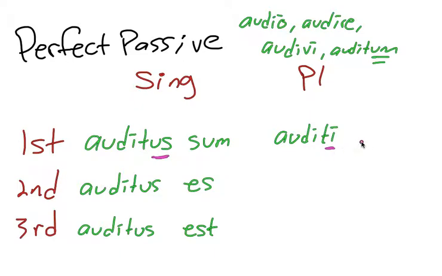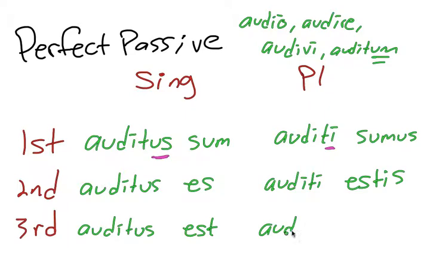So auditi, it's plural masculine. So auditi sumus. And second plural would be auditi estis. And then third plural, auditi sunt. Okay, and you can do this for any verb that's transitive that has a fourth principal part.